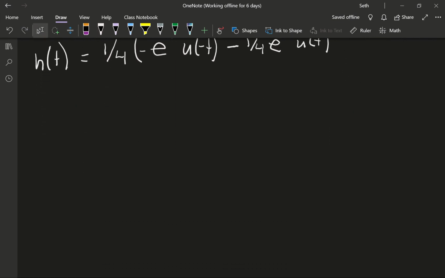Okay, now part D is asking us to find h of t if the system is neither stable nor causal.